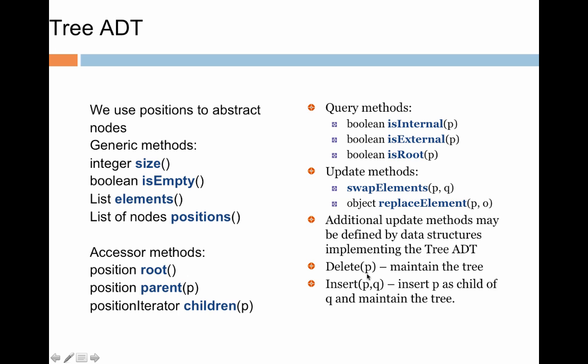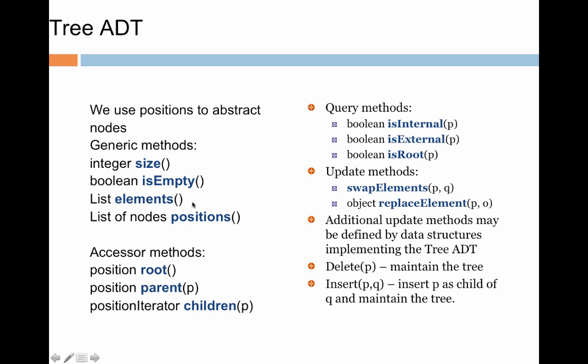The delete method deletes a node from the tree, but it must also maintain a tree. Similarly, insert a node into the tree as a child of Q. That is, insert the node P as a child of Q and maintain the tree structure. These are all natural methods which update the structure of the tree.